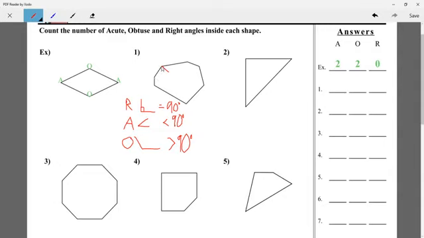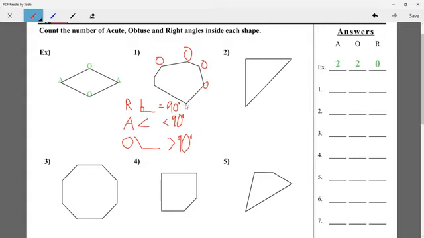So this right here would be about a 90-degree angle, right? And since this angle is much wider than that, this is obtuse. This angle is also substantially wider than a 90-degree angle, so obtuse, this is the same.